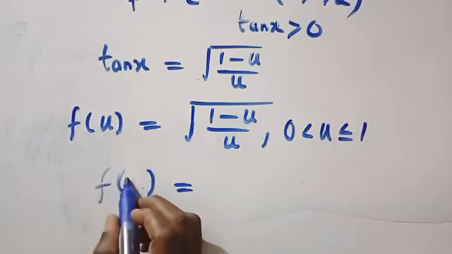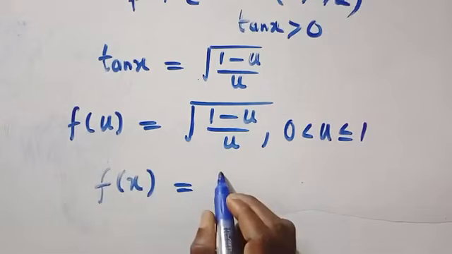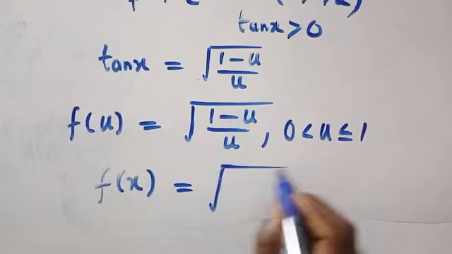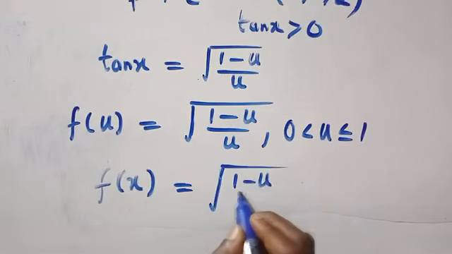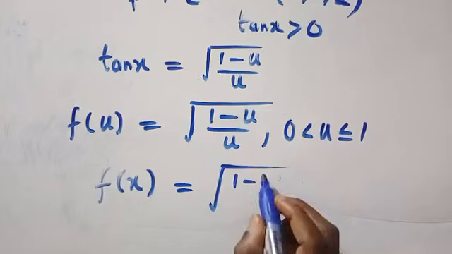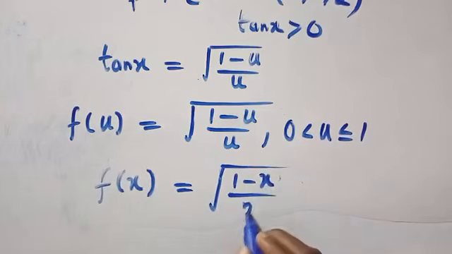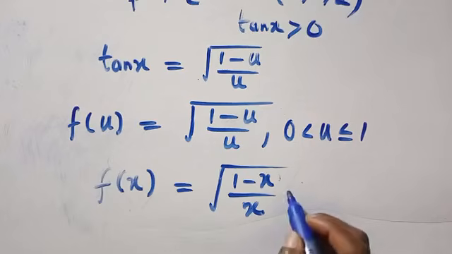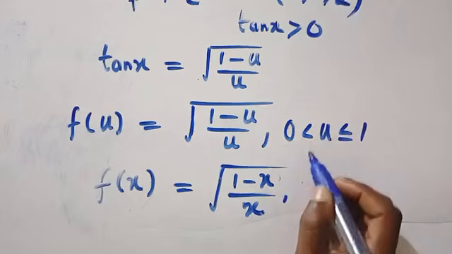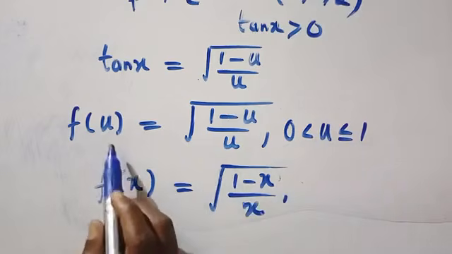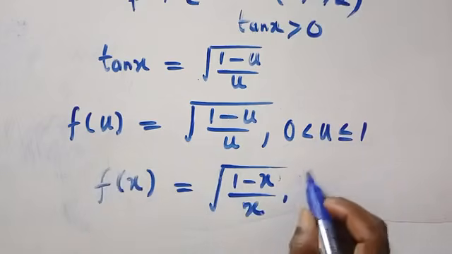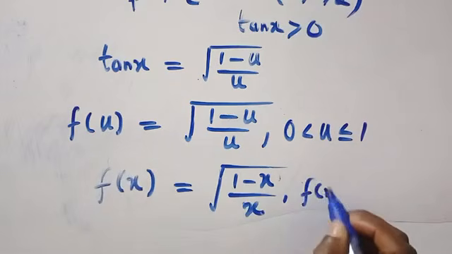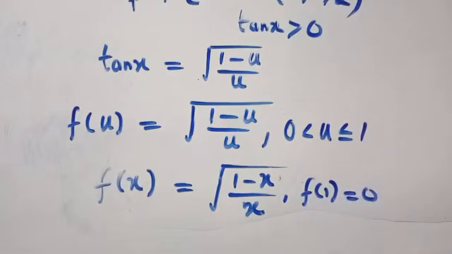And changing the u to x, we have f of x equals the square root of 1 minus x divided by x. And similarly here, since we are considering 1 to be part of this domain, f of 1 will always be equal to 0.